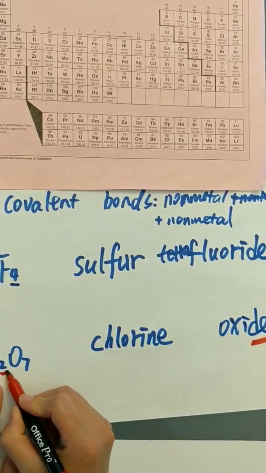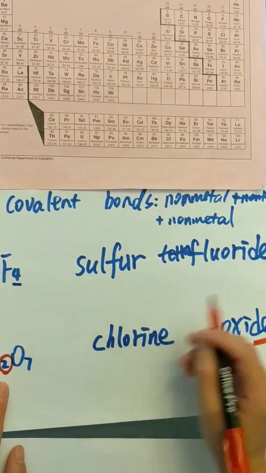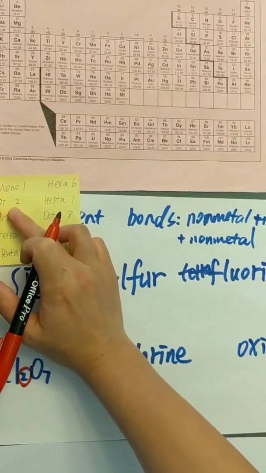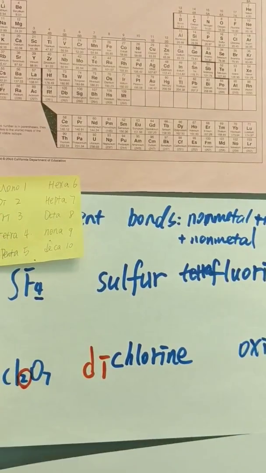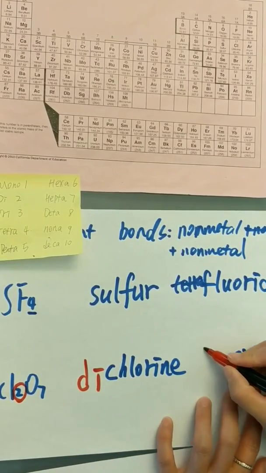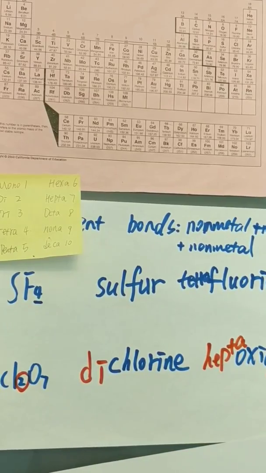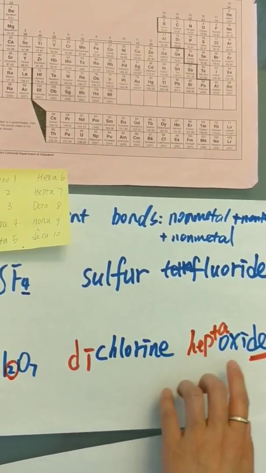Have 2 chlorine here. So that means 2 is di, so it's dichlorine. 7 is hepta, so hepta oxide. So Cl2O7 is dichlorine heptaoxide.